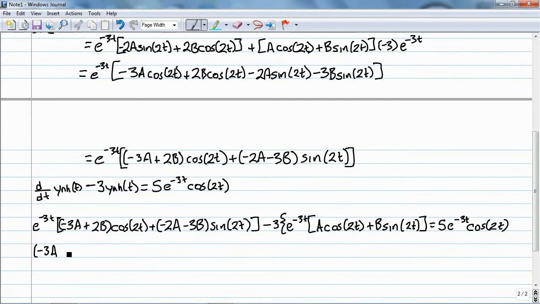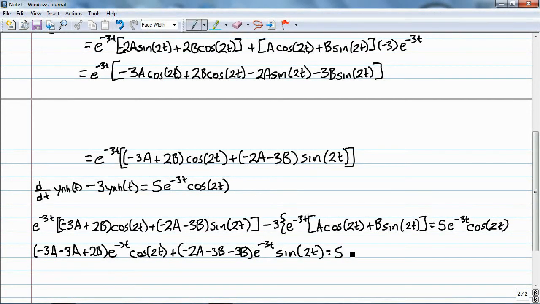And when we do that, we get negative 3a minus 3a plus 2b e to the negative 3t cosine of 2t, plus negative 2a minus 3b minus 3b e to the negative 3t sine of 2t, is equal to 5 e to the negative 3t cosine 2t.